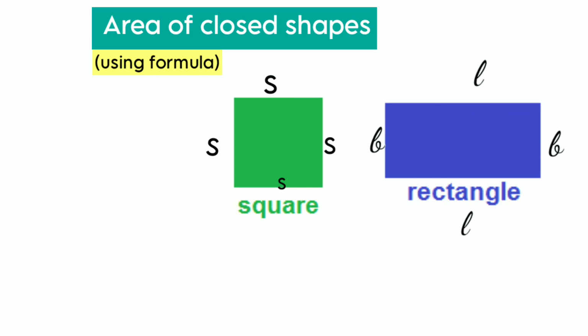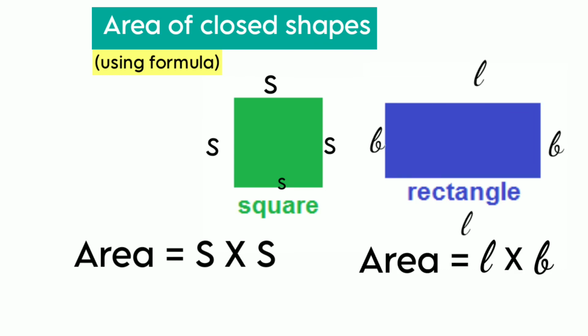Now let us see how we can form the formulas for both the shapes. Dear children, to find out area of square as well as rectangle, we usually multiply 2 dimensions. Dimensions are nothing but measurements. So here we are going to multiply 2 dimensions of square. Those are S and S. And in the same way, we are going to multiply another 2 dimensions of rectangle.